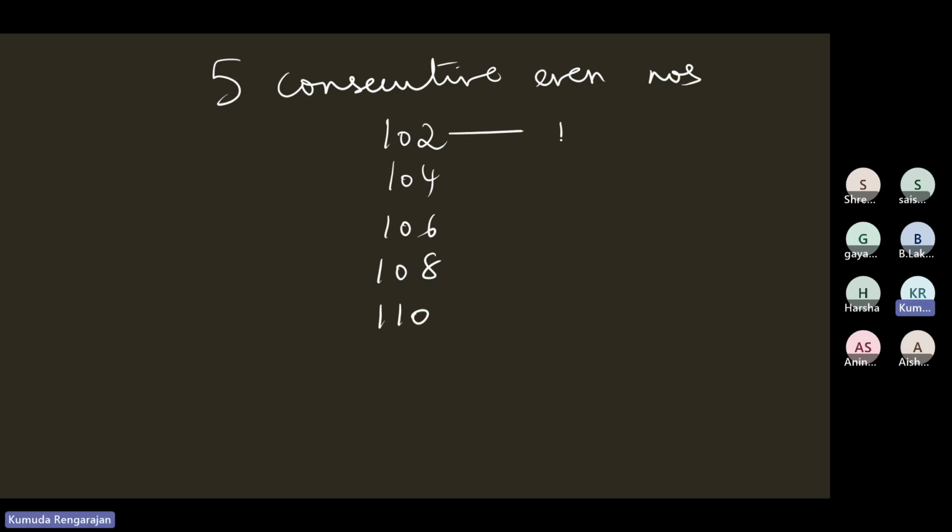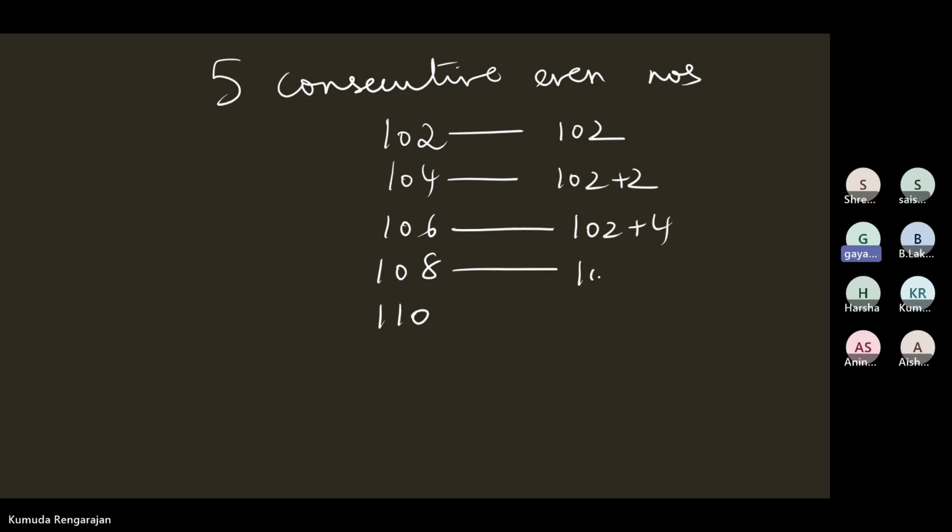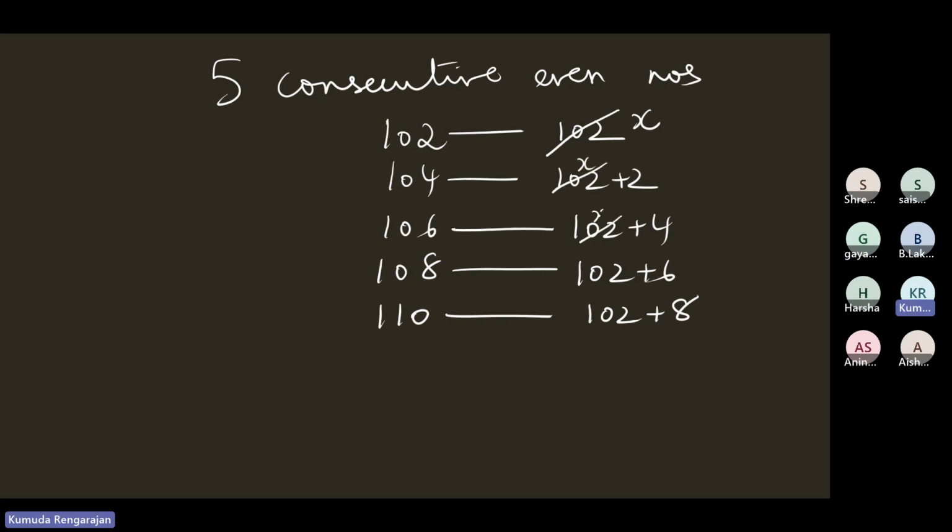Okay. So this is 102. And what is this? 102 plus 2, ma'am. This one? 102 plus 4. Yeah, this one. 102 plus 6. Okay, this one. 102 plus 8. Very good. So now we are calling one number as x, correct? Yes, ma'am. So all the 102s become x.